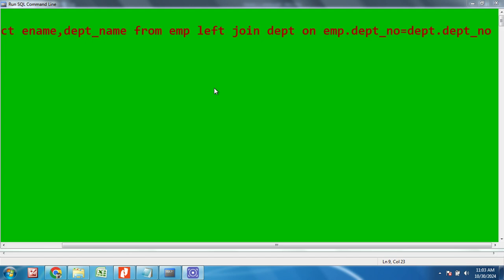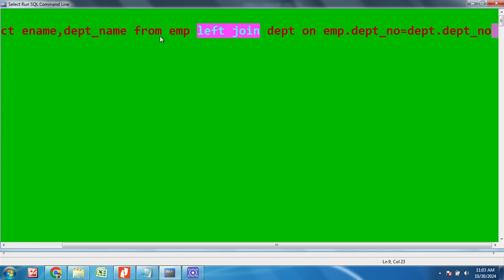Again, see another syntax for writing the same command. Select ename, dept name from emp left join. Here I am using left join for the left outer join concept.